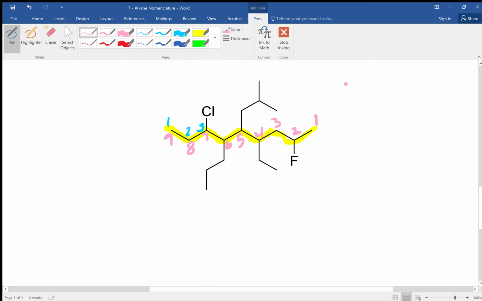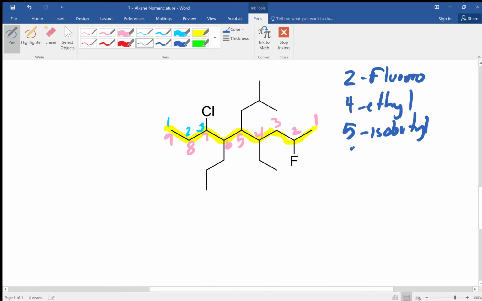So in this case, I'm going to list them because we have a lot of different substituents here. We have 2 fluoro. On carbon 4, we have an ethyl. 5 gives us an isobutyl. 6 is a propyl. And 7 is chloro.